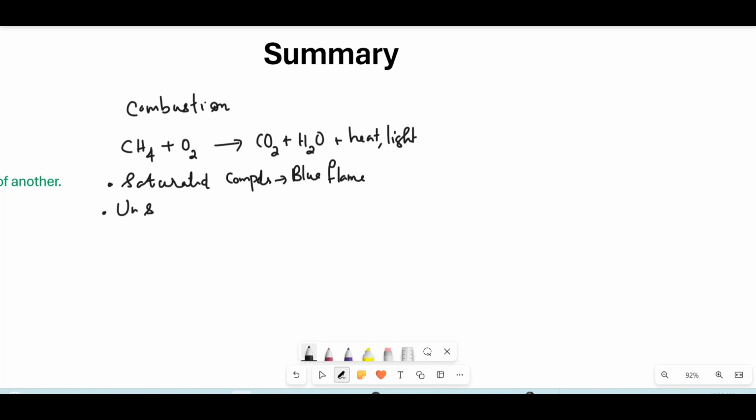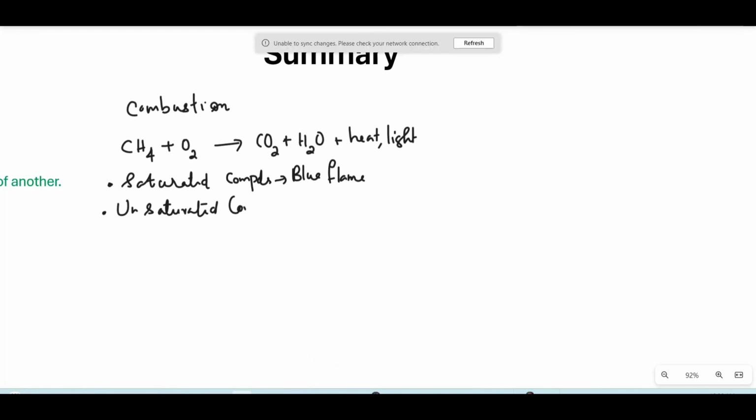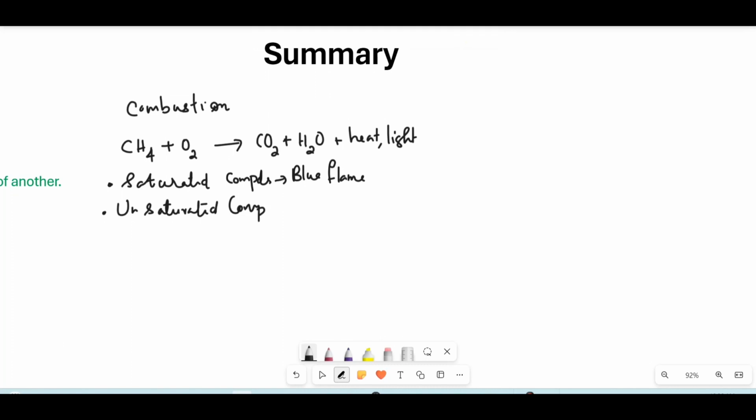On the other hand, unsaturated hydrocarbons do not undergo complete combustion, so they give you a yellow flame with lots of smoke and sooty deposit on the flame.